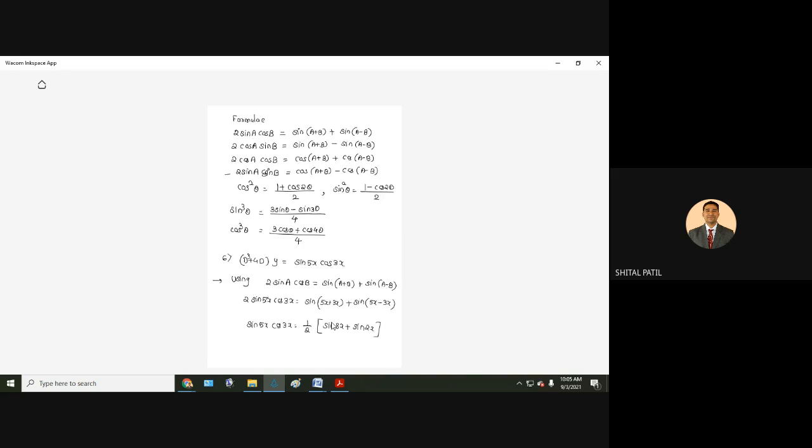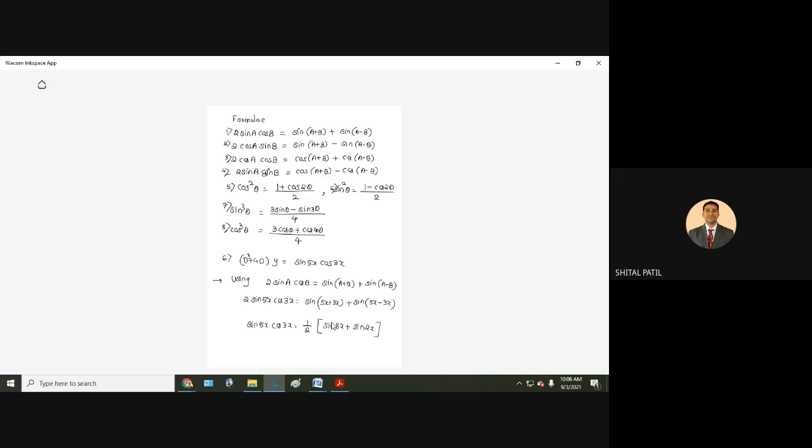Let's go to the next page and solve it. Cos 3 theta is equal to 3 cos theta plus cos 3 theta upon 4.